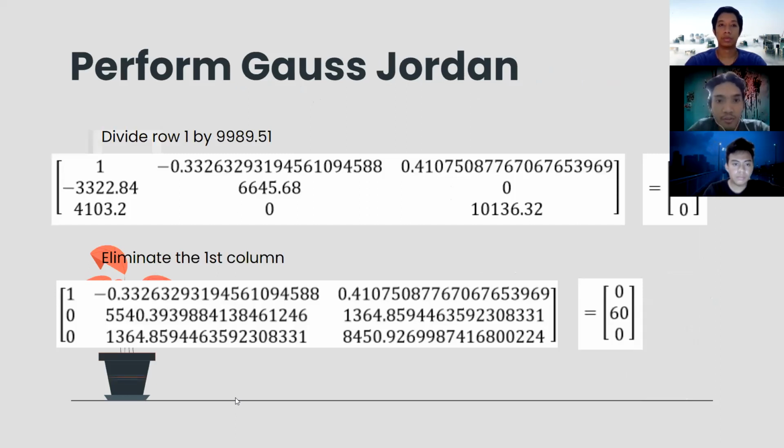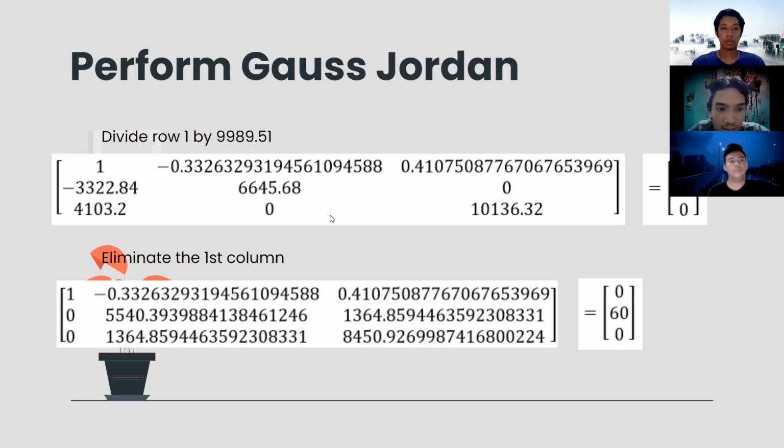Then we perform Gauss-Jordan on the matrix that we got before. The first step is to divide row 1 by the exact number, and then we eliminate the first column.